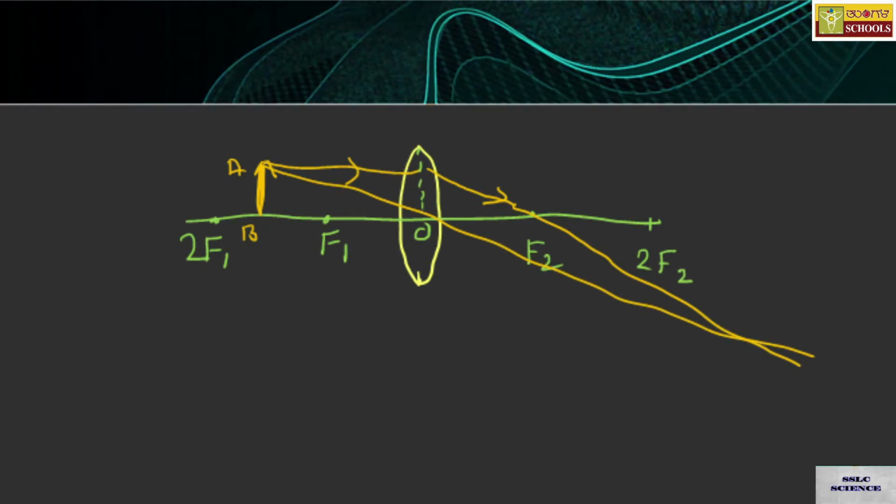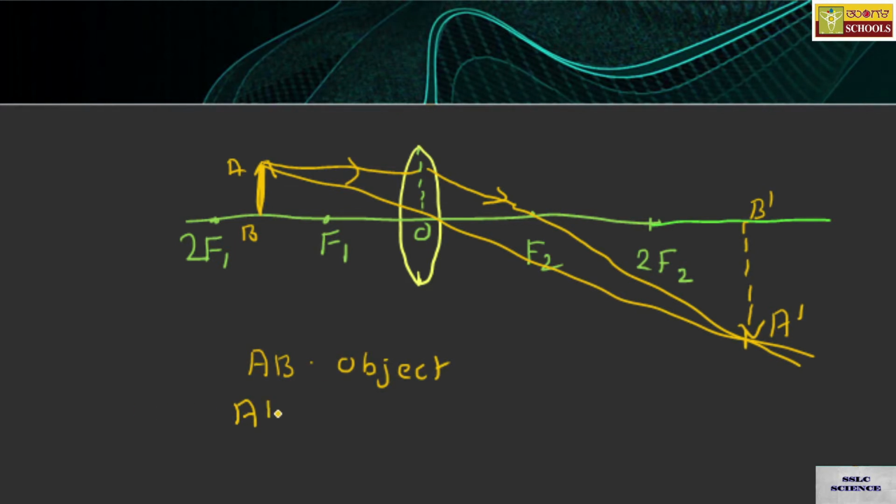If you extend the principal axis and drag these rays, you will have the image at the intersection point. This is B dash, this is A dash. Here AB is the object and A dash B dash is your image.